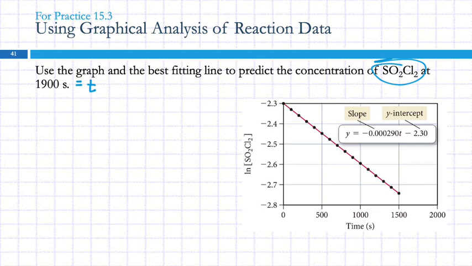So I can take the equation for the line and put the actual time in for t. So 1900. And then that's minus 2.30. And I can calculate that.